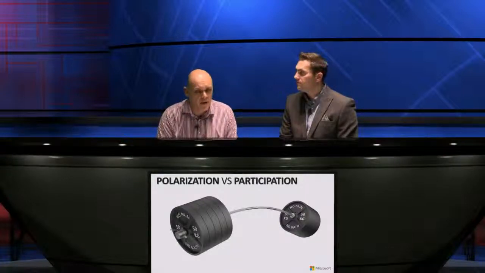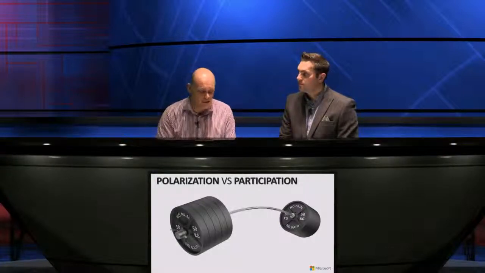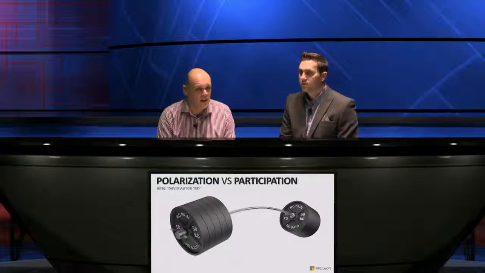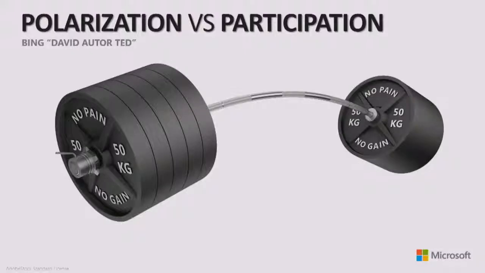But again, I think it's interesting. There's a fantastic TED talk by an MIT economist called David Autor. If you search for David Autor TED on Bing, you'll find his talk. He talks about the reason to be optimistic, and the fact that through previous waves of change, whether it was the Industrial Revolution or the rise of automation in agriculture in the United States around the turn of the 1900s, jobs aren't just replaced and never come back.